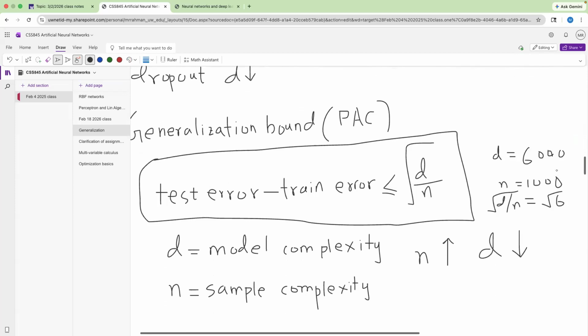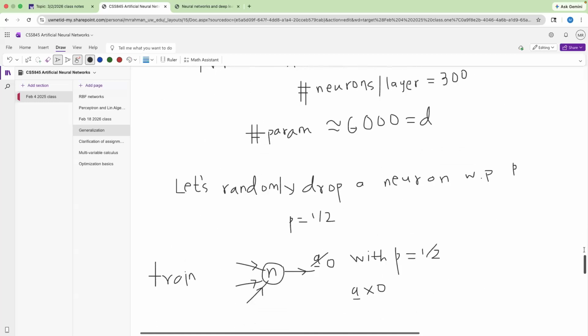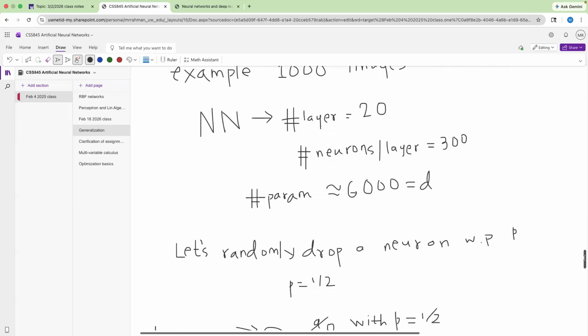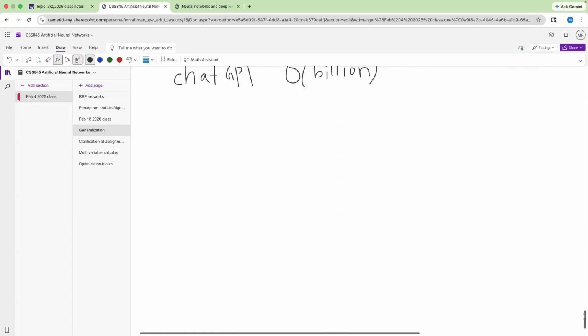So what's happening? There is a mystery there. We talked about techniques like dropout or regularization, which try to make the model simpler, whereas ChatGPT is a billion parameter model and it's doing very well. So there is something else going on here, and we want to try to understand that a bit.